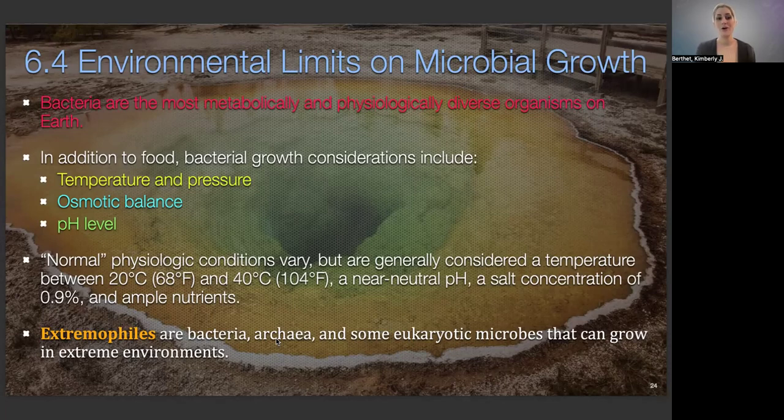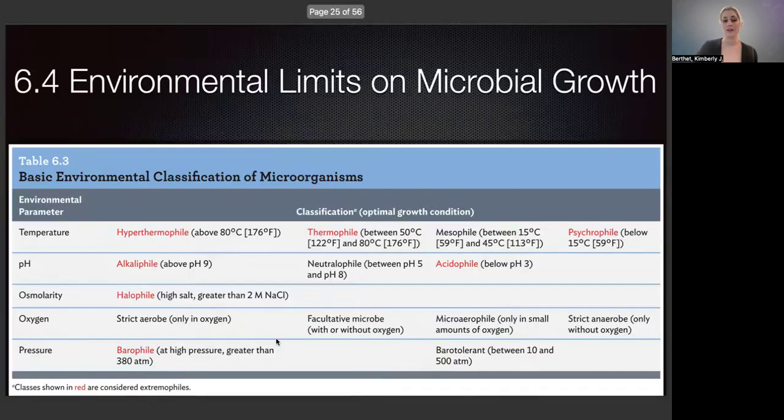When we talk about microorganisms living in these environments, we talk about normal physiological conditions. A lot of these are based on an anthropogenic view, meaning what we think is normal, what conditions work well for us. And anything outside of that is typically called an extremophile. So something that lives in a very cold environment or something that lives in a very acidic environment is noted to be an extremophile. We'll see some examples of these.